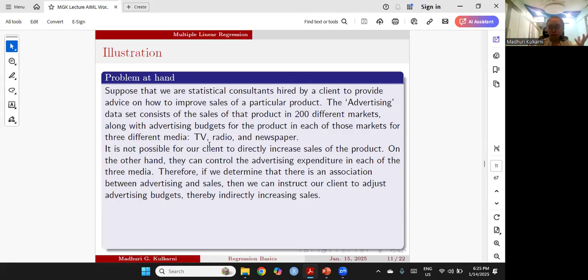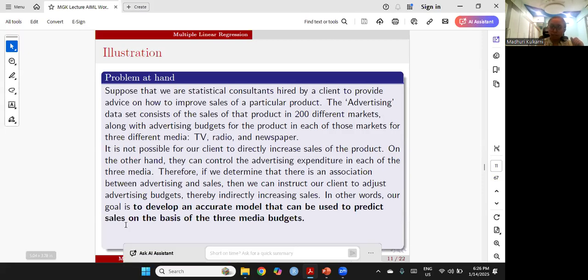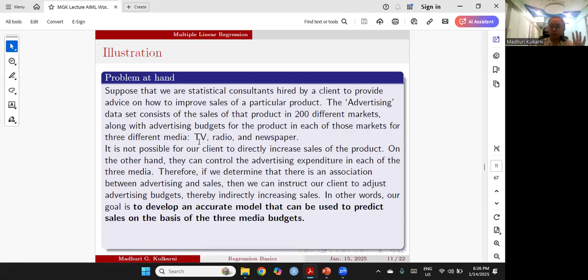How do they go about this? The goal is to develop an accurate model that can be used to predict the sales on the basis of the three media budgets. So the company decides that this much money would be spent on advertisement on television, this much on radio, and this much for the newspaper. So they have allocated budget.